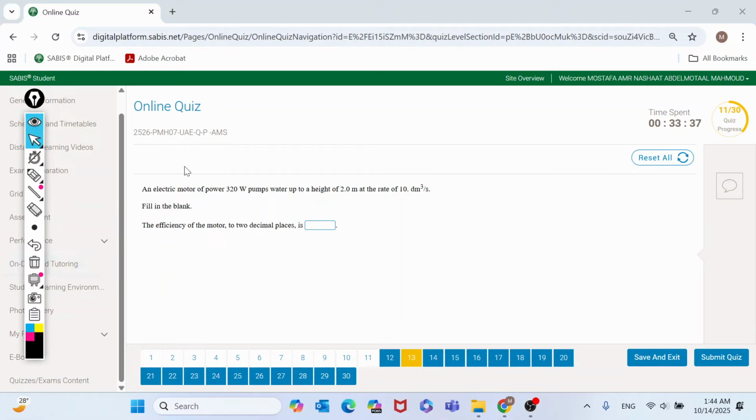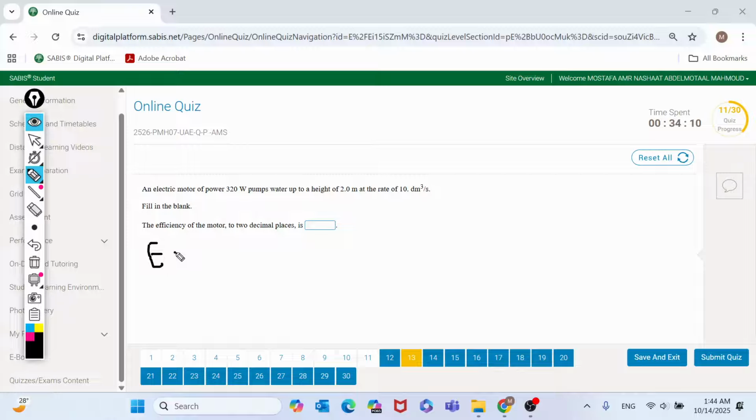An electric motor of power 320 pumps water up to a height of 2 meters at a rate of 10 decimeter cubed per second. Yes, this question, like, I don't remember taking this in class, but it's okay, I'll explain. So efficiency, we took efficiency in class, but the way you get it in this question specifically, I don't think we took it.